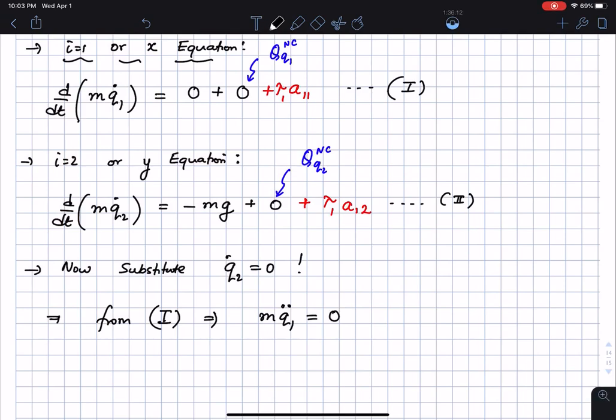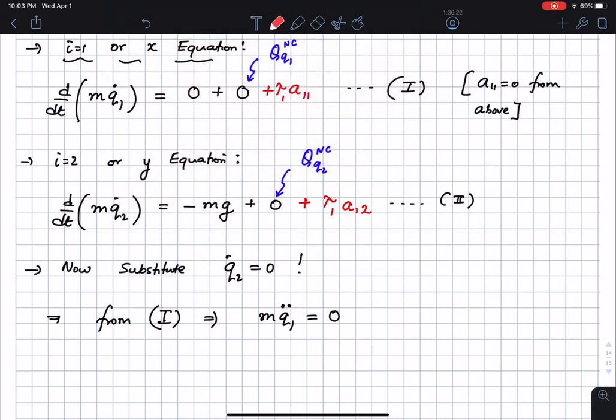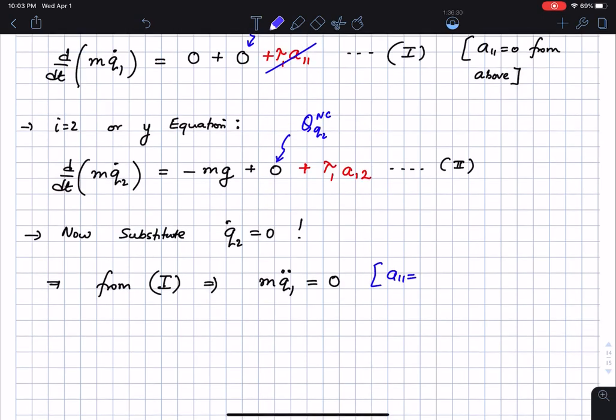This is because a11 is 0 from above, so that term is gone for me. Okay, if I draw that in the blue color, this term is now gone. I just want to make a note, a11 is equal to 0 from the Pfaffian.